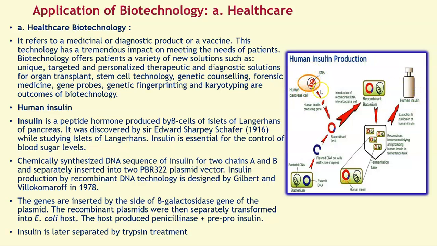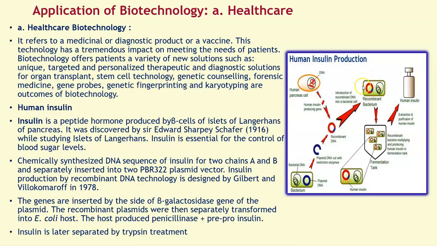This is the human pancreatic cell, or this is the DNA, and here you have the human insulin producing gene, and on the other hand you have the bacterium which is having the plasmid DNA. This plasmid DNA is removed, and with the process of recombination you have a recombinant DNA that is formed which has the human insulin producing gene.